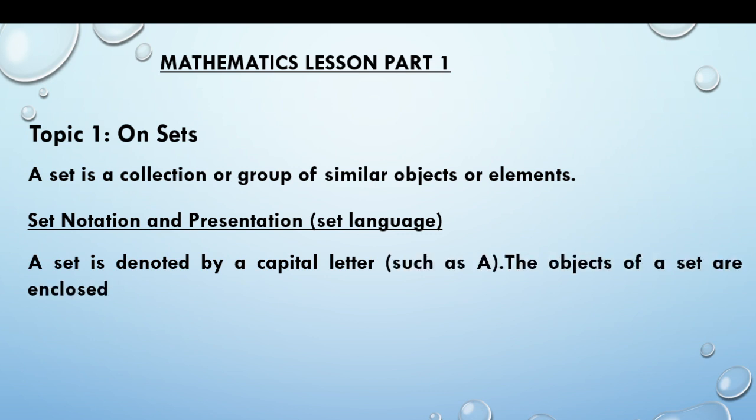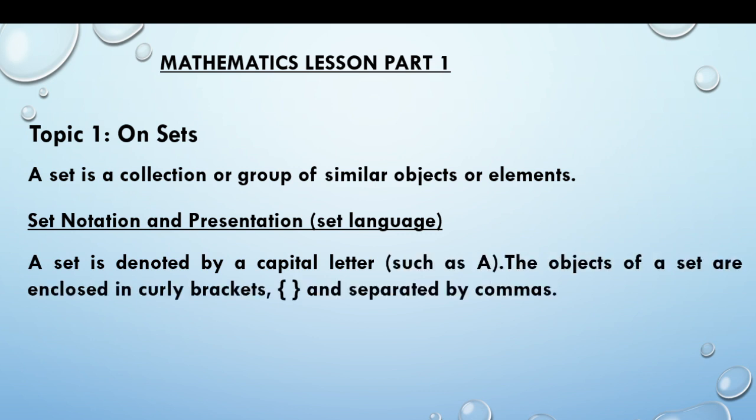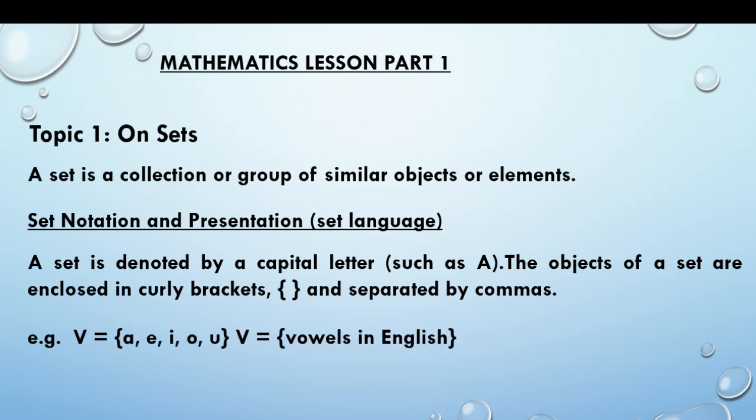A set is denoted by a capital letter such as A. The objects of a set are enclosed in curled brackets, and separated by commas. For example, V is equal to open brackets A, E, I, O, U, close brackets.